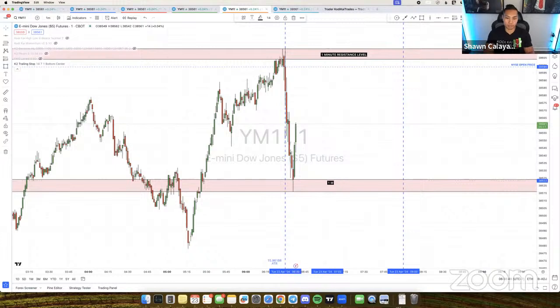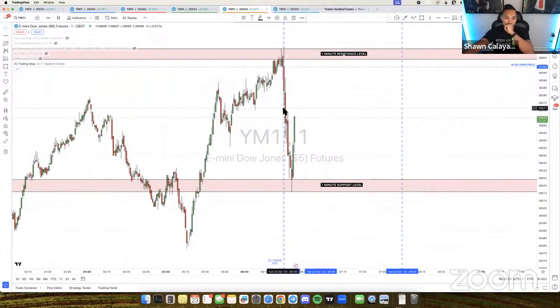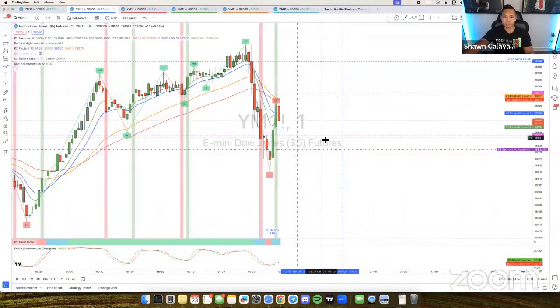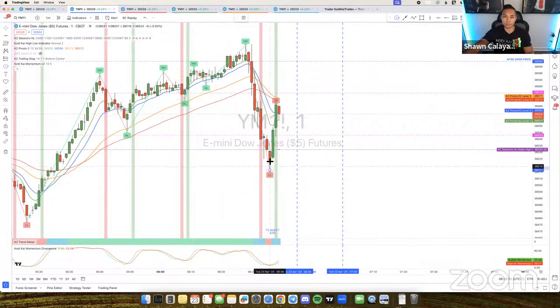But as of now, these are the zones and levels which we're currently at. All right. So as you guys can see, fake outs in both directions. There's a fake out down here, fake out right here. Looks like price might just pull back into the consolidation down here.